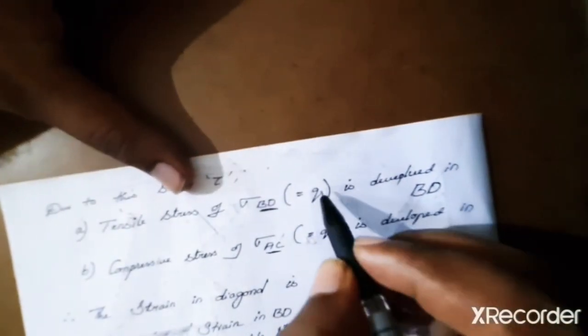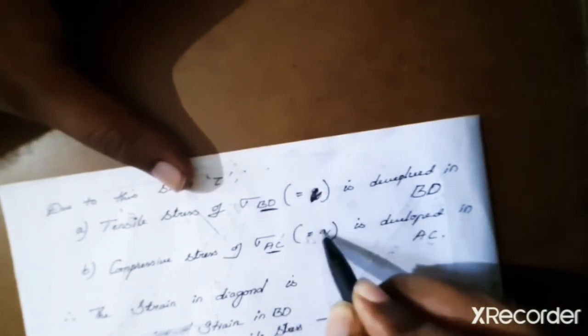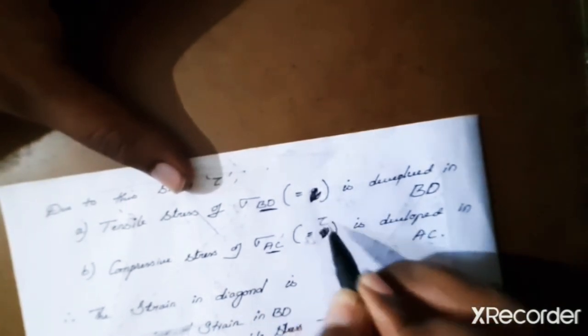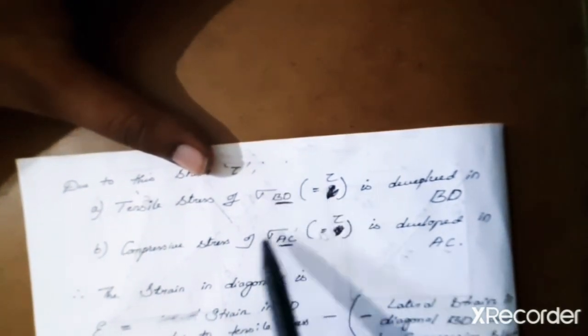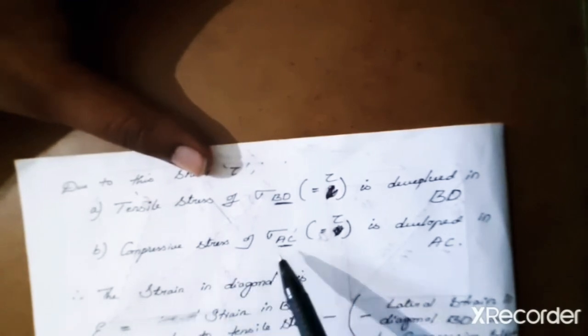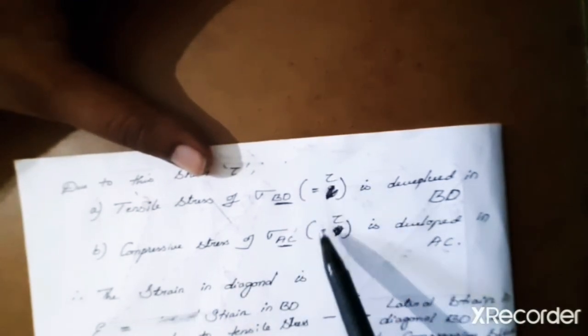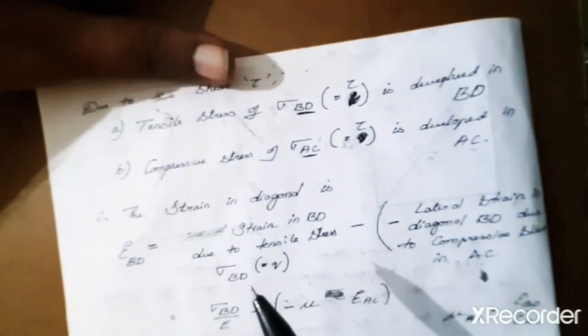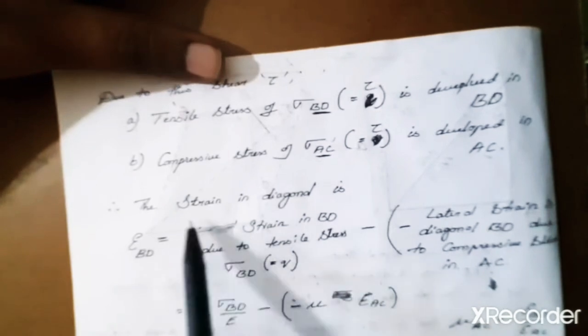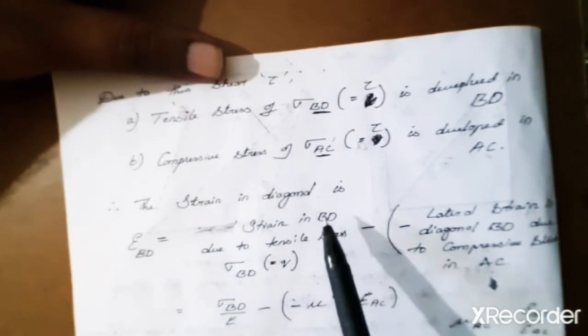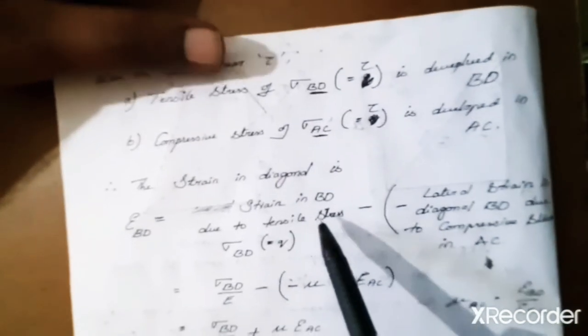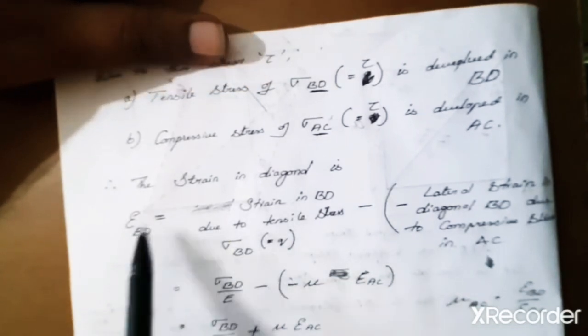Okay, of course, sorry, I changed the sign convention, so let it be tau. So the normal stress in the diagonals, tensile and compressive, is going to be equal to the shear stress in terms of magnitude. Okay, so now you can rewrite the equation for strain in diagonal in a second way, in a different approach. Okay, how can you write that?